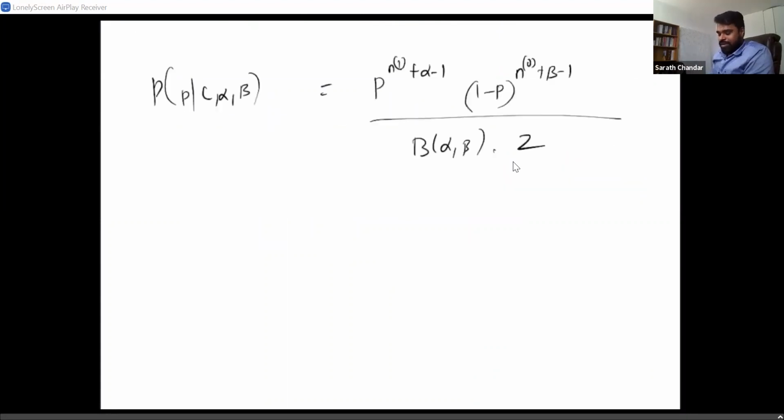Okay. Now, the numerator looks familiar, right? Can someone tell me what kind of probability distribution the numerator could be? Bernoulli, anything else?